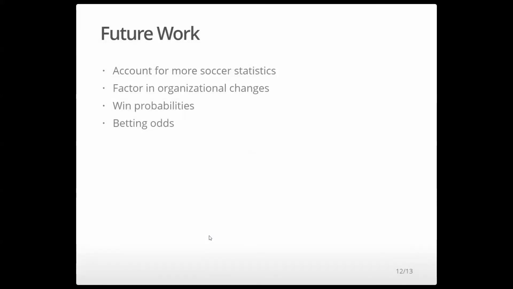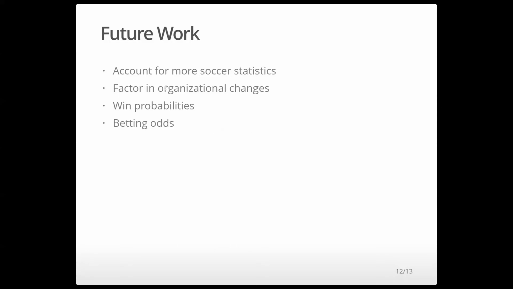And last but not least, here are some possible future work as well as applications of this project. In the future, we could try to account for more soccer variables, such as clean sheets, number of corners, or even possession times or winning streaks. And we can use all of them to find a predicted model for goal scoring.